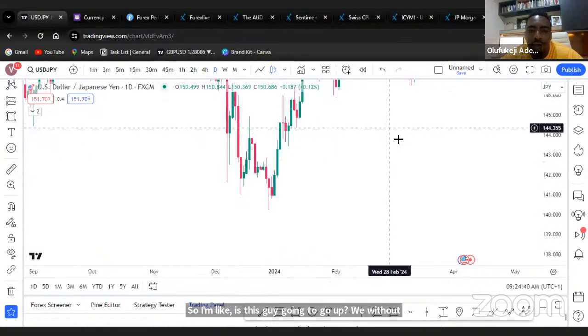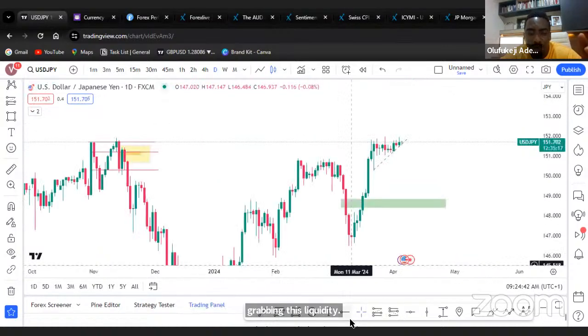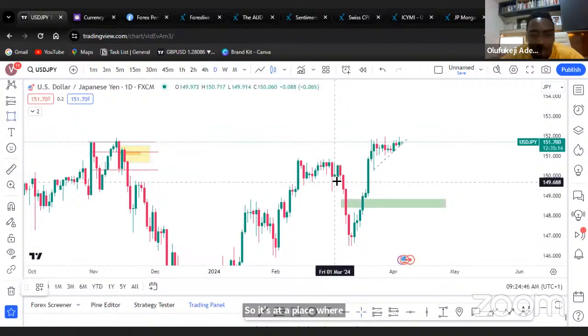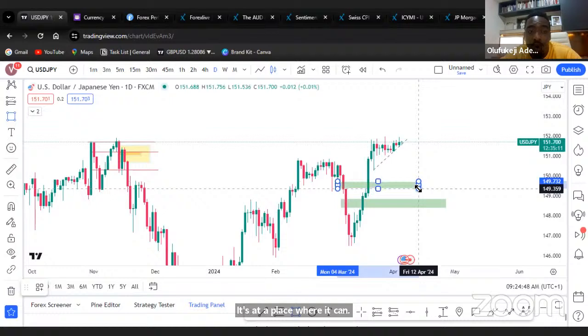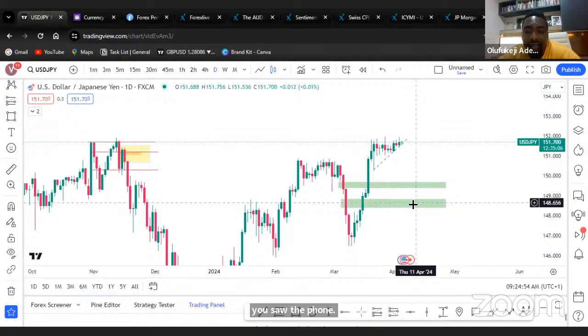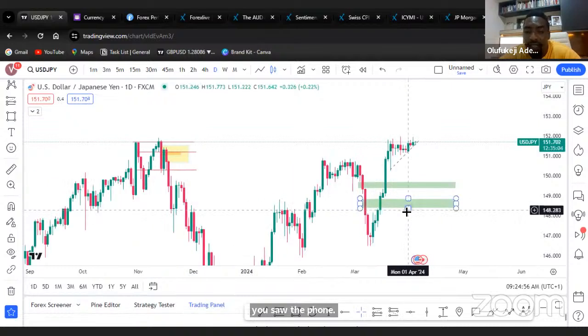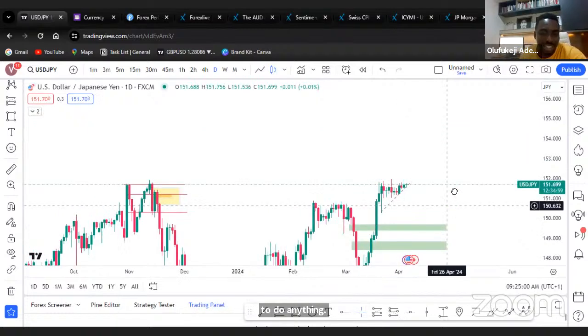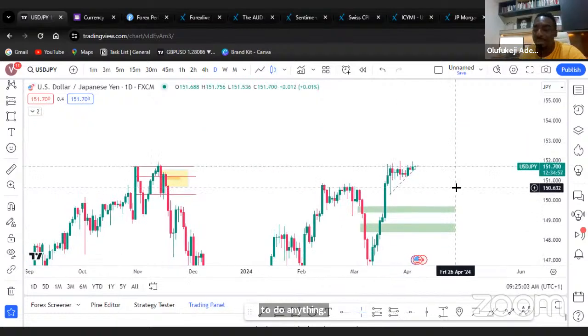It's at a place where it can blast up to 155, because you saw the fundamentals saying until it reaches 155, they are not likely to do anything. So there's a bit of a challenge here.